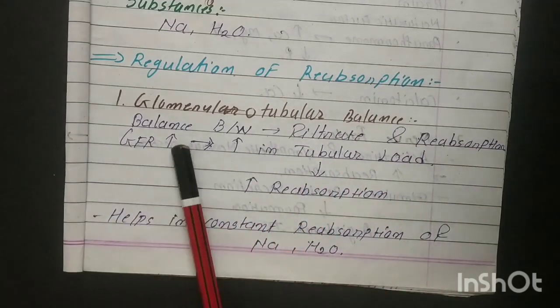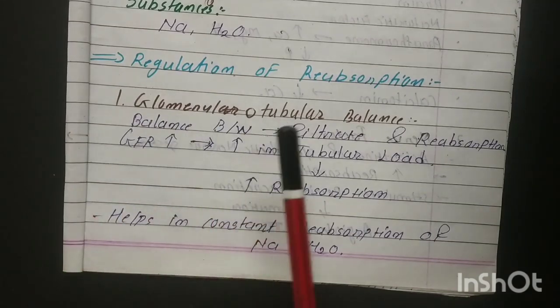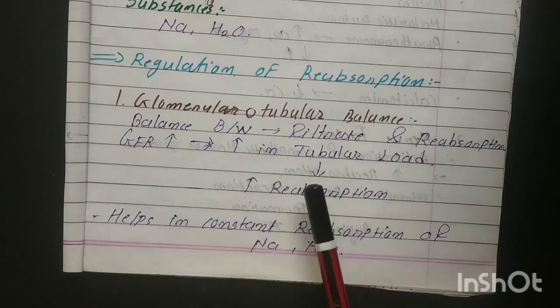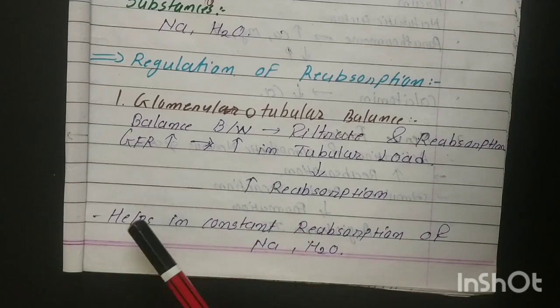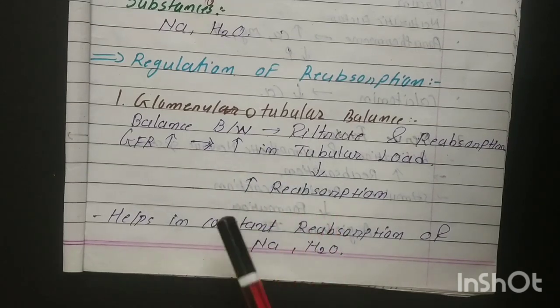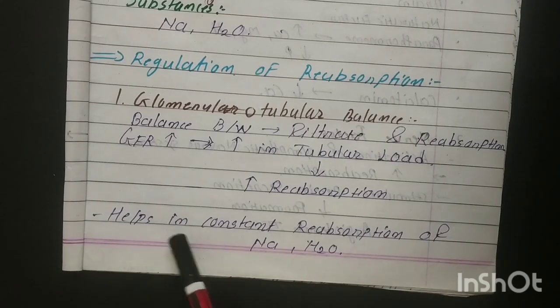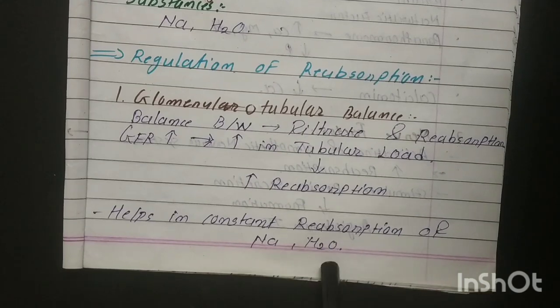And if the GFR is high, the load on the tubular portion is also high, meaning the pressure in the tubular portion is high. That's why the reabsorption is high, right? It helps in a constant reabsorption of sodium and water, which are very, very important substances in our body.